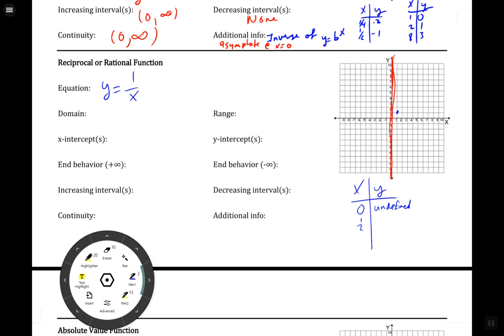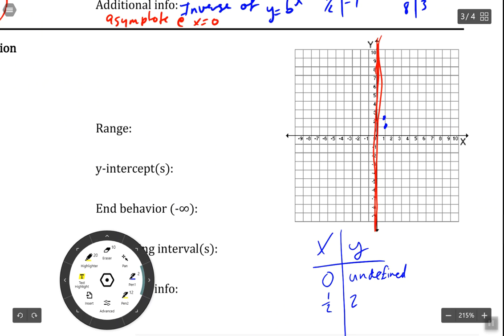That's dividing by a fraction. When we divide by a fraction, what do we do in order to multiply by it? We flip the fraction, right? So it's 2. Think about it. If it's reciprocal, does that mean that's how many pieces I'm dividing something into?